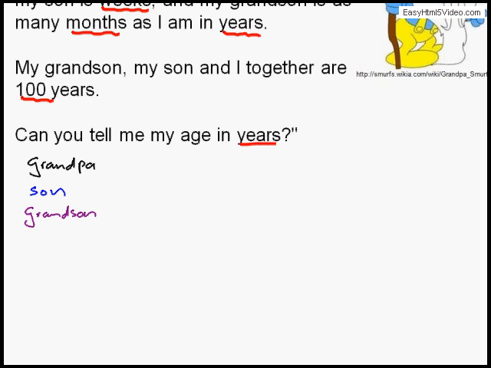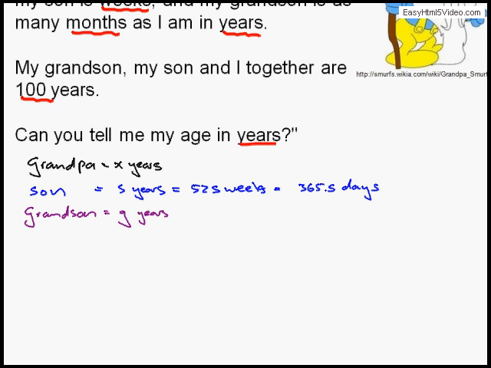So let's say the grandpa is X years old, and then we can say that the son will, for instance, be S years old, and the grandson is G years old. And then we can look at the son and say, since he is S years old, that means he will be 52 times S weeks old, and he will be 365 times S days old.